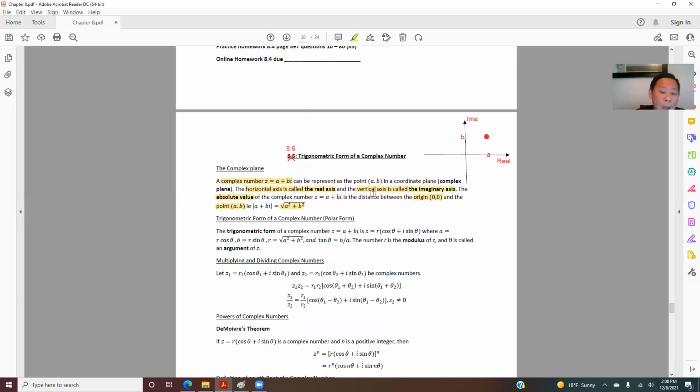So you can write this from trigonometric form to complex form. The trigonometric form of a complex number is given to us by r times cosine theta plus I sine theta, where, if you distribute, A is your real part.